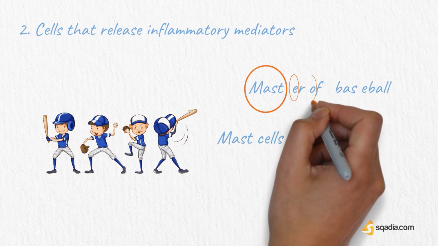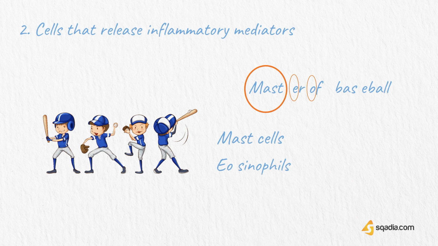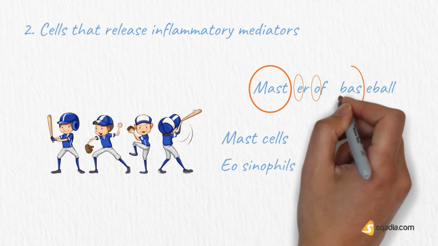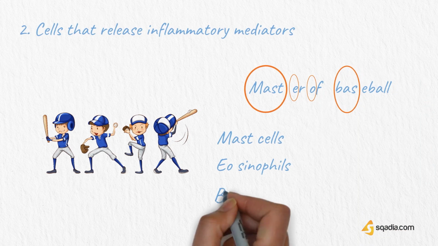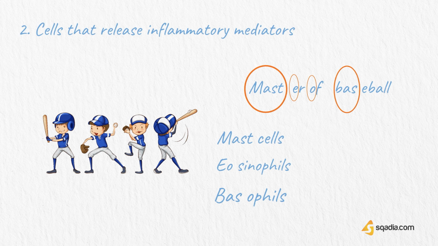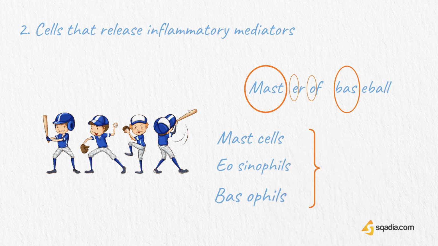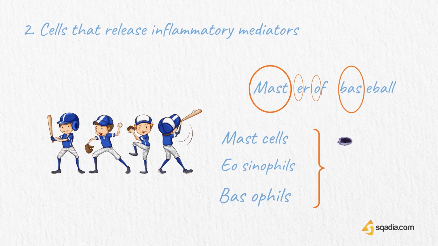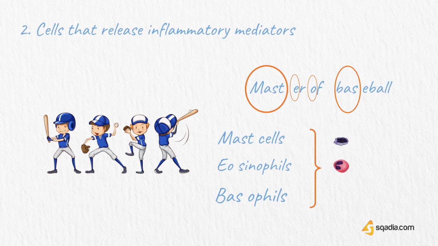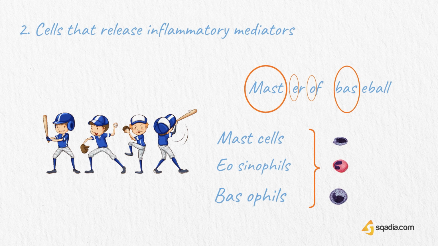E and O are for eosinophils, and BAS is for basophils. Remember, all the cells release inflammatory mediators kept in the small balls in their inside. We call them granules. I know that's a silly mnemonic, but trust me, you will remember it forever in this way.